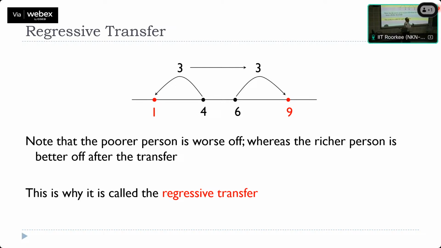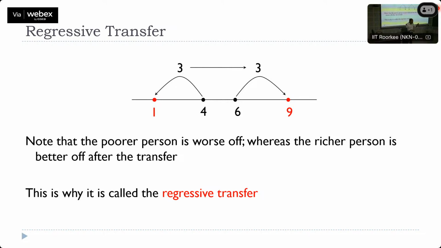Now we have our tax system, right? How does the tax system work? Do richer people pay more tax or poorer people pay more tax? Richer people pay more tax, right? This is called a progressive tax system. This is exactly the idea. You are taking more income from the rich as tax, you are giving it to the poor. So that will be a progressive transfer. It's just the opposite of this one. So if you start with 1-9 and you take some money as tax, 3, and give it to the poor person, that's called a progressive transfer.